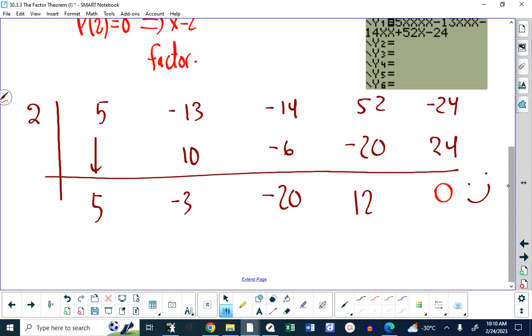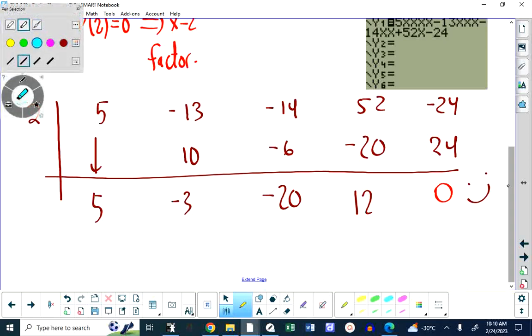What that means is our original polynomial is equal to x minus 2 multiplied by 5x cubed minus 3x squared minus 20x plus 12. Okay? And now what we need to do is find a factor of this.